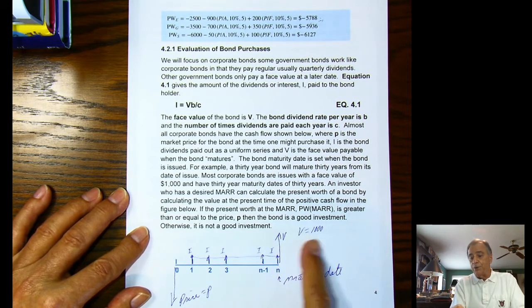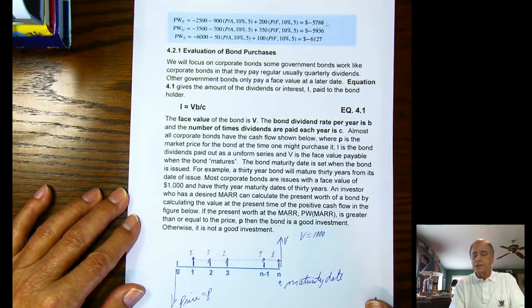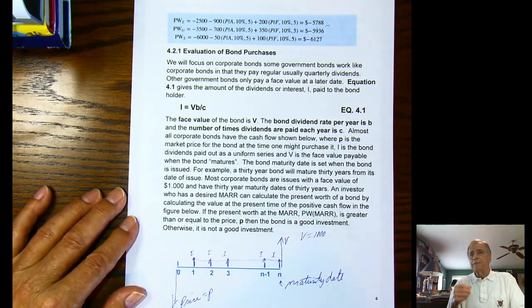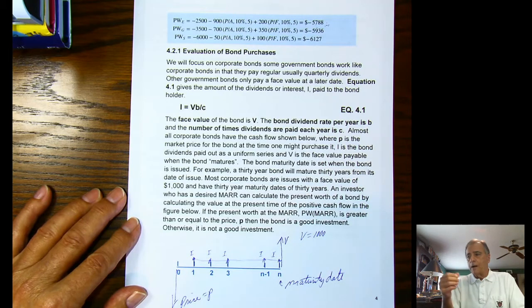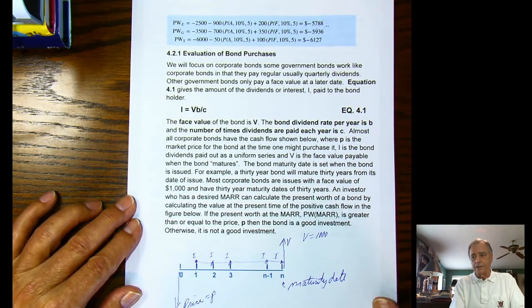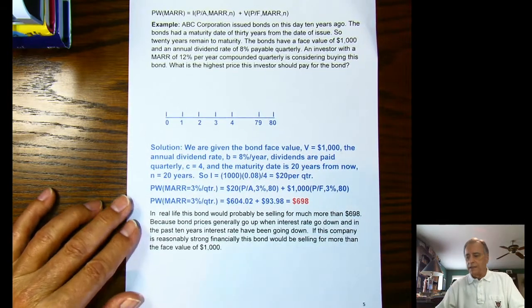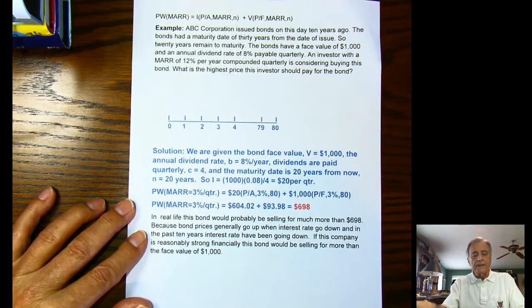But it's not known what it will be because it depends on the interest rates. Generally speaking, bond prices go up when interest rates go down, and vice versa. So bond prices go in the opposite direction of interest rates. So the next thing we're going to do is work an example.